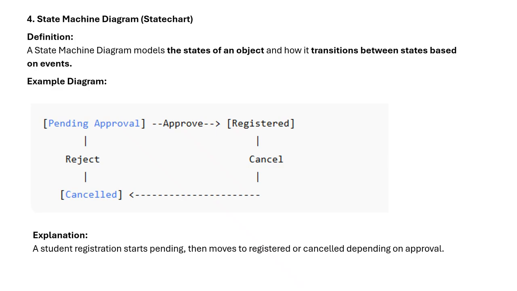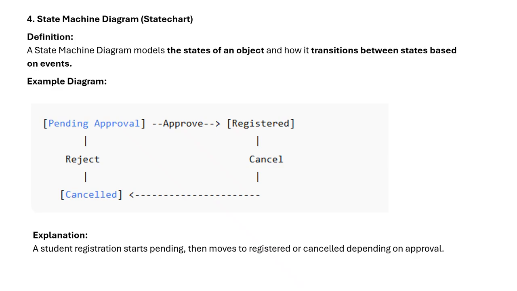Now when the committee or the university decides to approve the application, the student registration becomes registered. And then if the student wants to cancel the class, or the university cancels, it goes to canceled here.